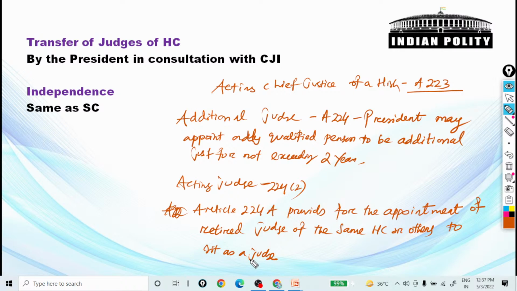But in this case, the allowances are determined by the president. They get certain allowances because they are retired judges.